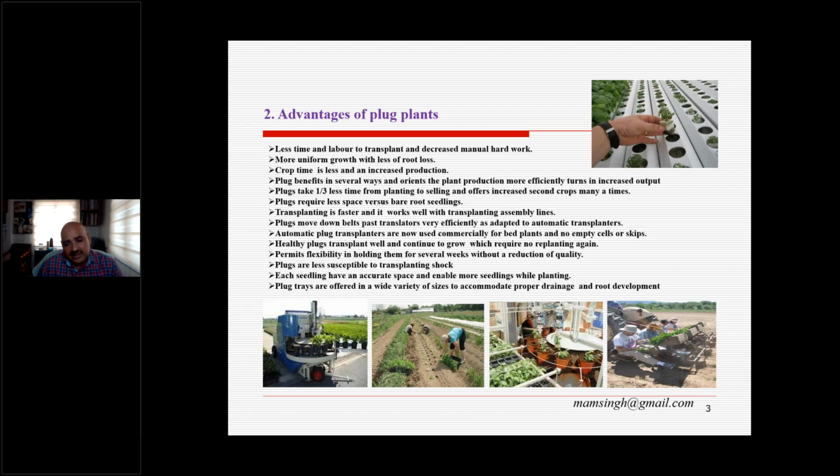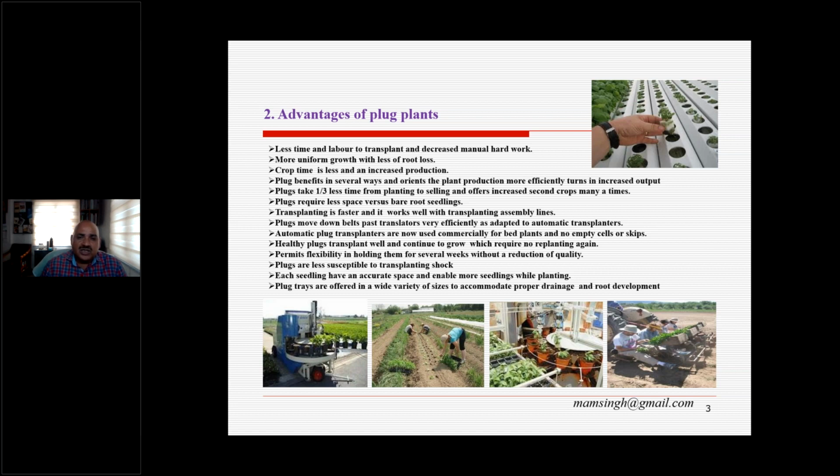The advantages are that growing a seedling or a plug is safe, and since it is grown in inert media, it is healthy and safe. Also, as I told you, the roots are already intact in the media ball, so it takes very little time to establish again, and it grows without any transplanting shock.